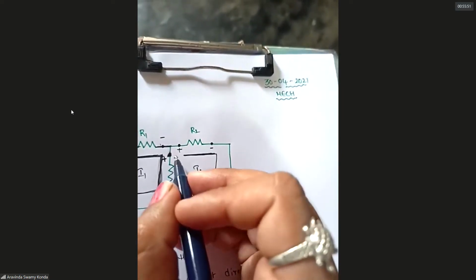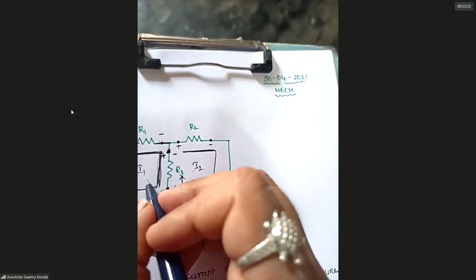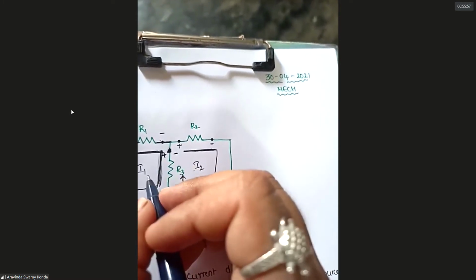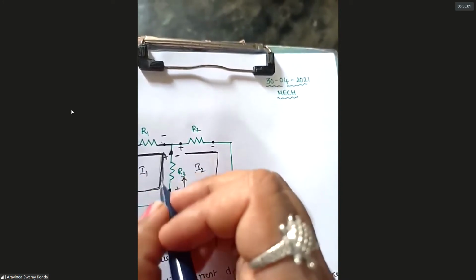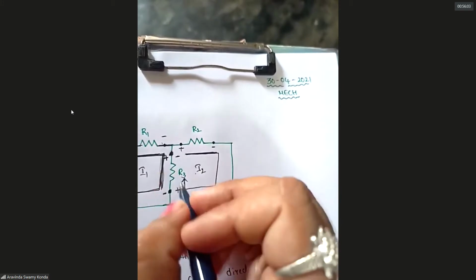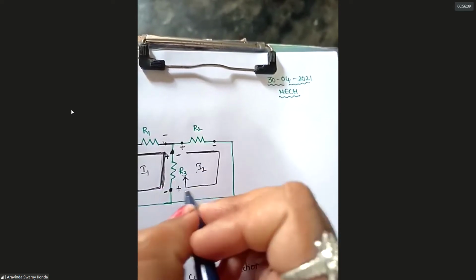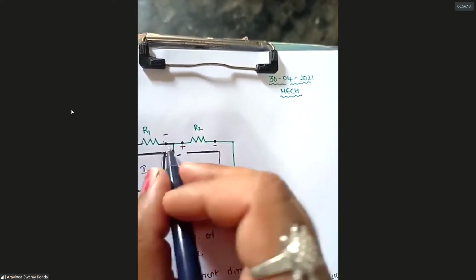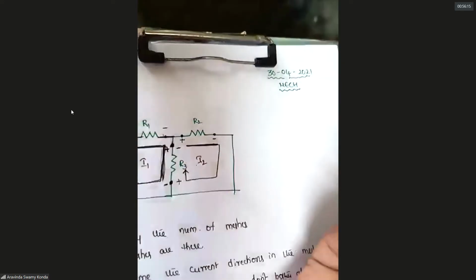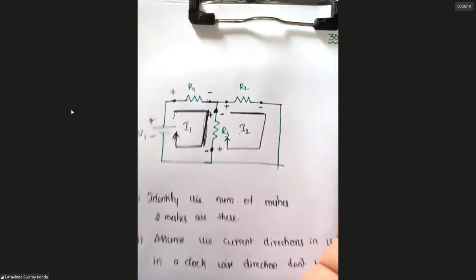So observe that R3 directions will differ for mesh 2 and for mesh 1. Why? Because in mesh 1 the current flows like this, and in mesh 2 the current flows like this in R3. So depending on that the directions change. These signs will be used for writing the second mesh equations and these signs for the first mesh equations. Am I clear up to now how we are giving the signs?